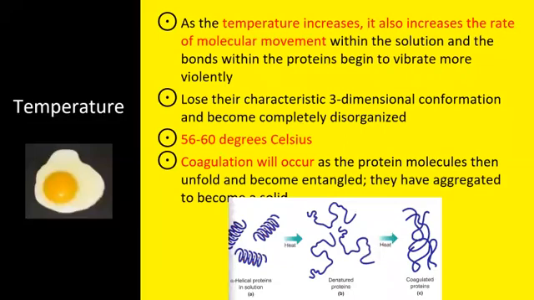This can be achieved if the temperature reaches 56 to 60 degrees Celsius. Coagulation will occur as the protein molecules unfold and become entangled. They aggregate to become solid.